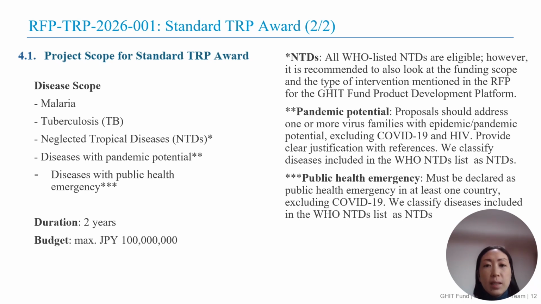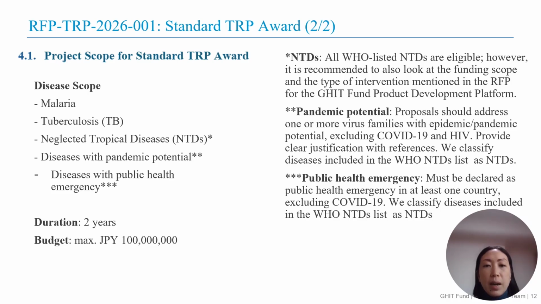The definition is the same across all platforms and award types within the TRP platform. For NTDs, we mean the 21 WHO-listed diseases. For TRP, all 21 diseases are within scope. But please note that our funding scope is limited for our product development platform.